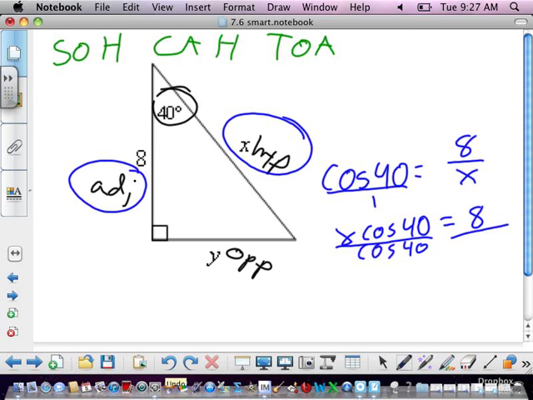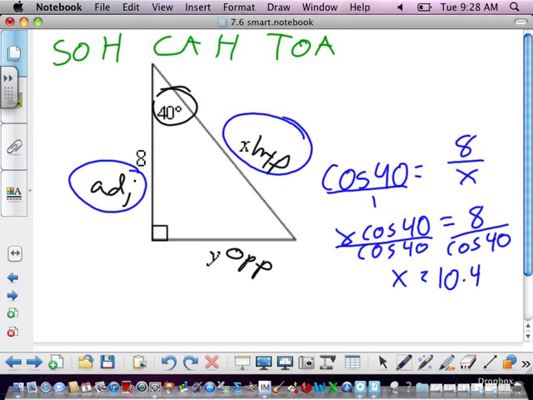Okay, divide by cosine 40. Yes. Yes. You have to. Otherwise, it is incorrect. So now we do 8 divided by cosine 40.